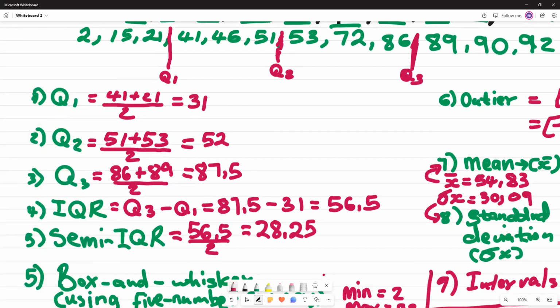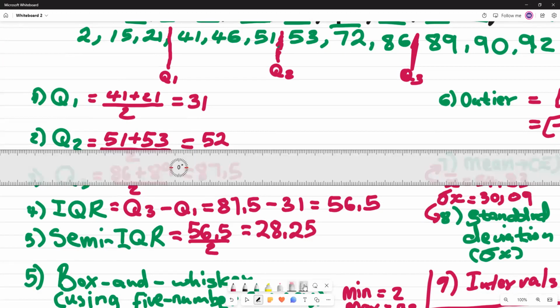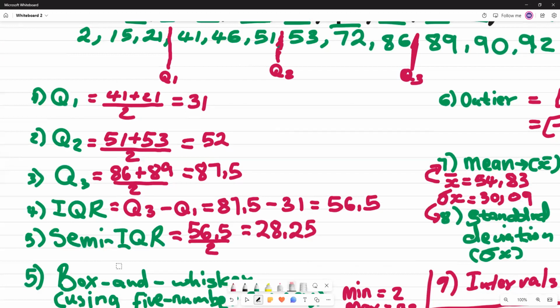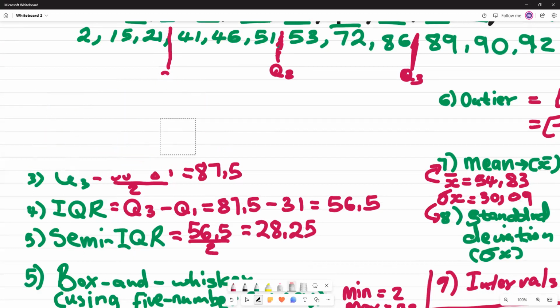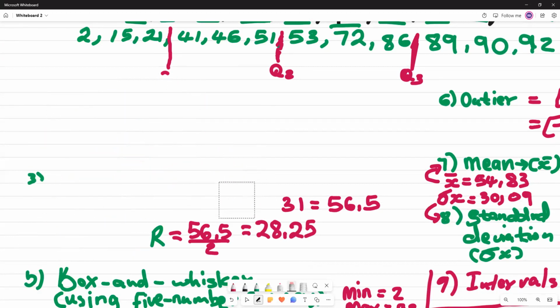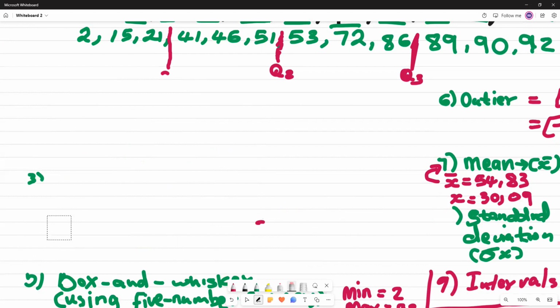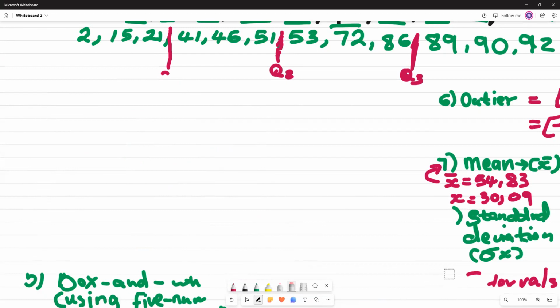Okay, so now I'm going to talk about the intervals for the standard deviation, which is the last part of our video. The intervals for the standard deviation from the mean. Let's talk about the intervals quickly.